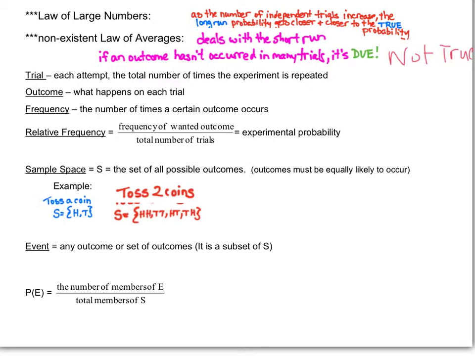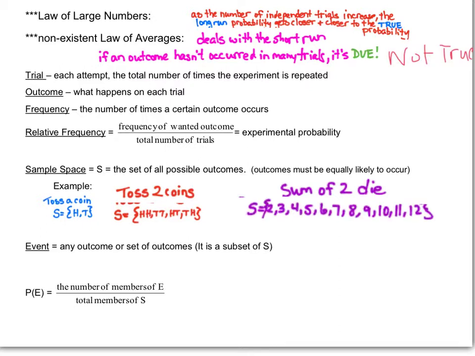Let's try one more. How about the sum of 2 die? What do you think the sample space is going to be? Is this what you thought? Well, you're wrong. Remember, each of the outcomes must be equally likely to occur, and that's not true in this case. You need to think of all the possible ways you can get the sum of 2 die.